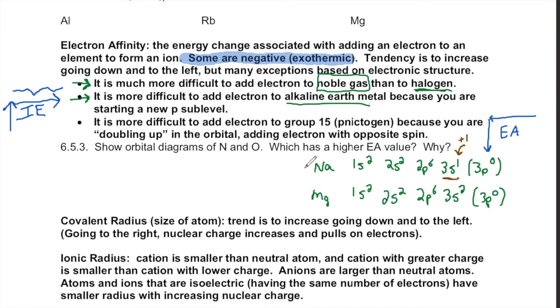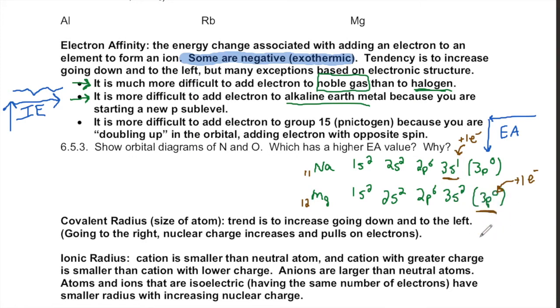Magnesium, the next one over, so we have 11 and 12 electrons in these elements. So the 12 electrons of magnesium mean that the 3s orbital is already full. So when you add an electron, it's going to go into the 3p orbital. So that's where that electron is going to go. So let's put that this is an electron, not a +1 charge. So the electron that you add is going to go into an s, and for here the electron that you add is going to go into a p.